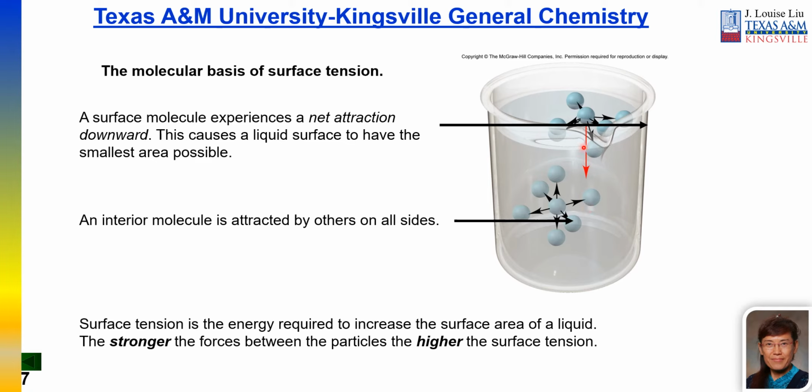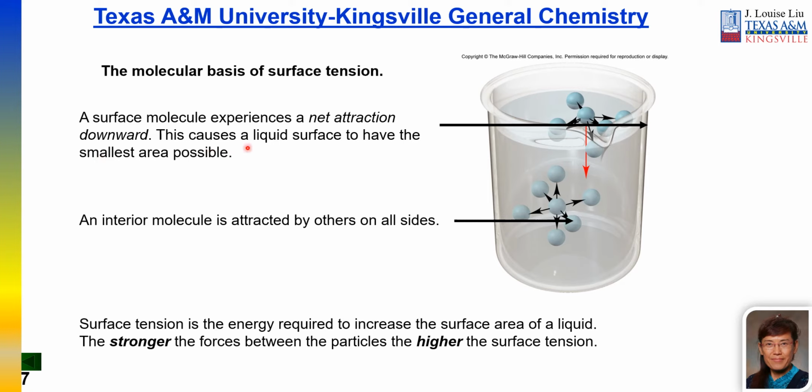So towards the bottom, downward, so you are going to find the net attraction of this water molecule. This net attraction causes a liquid surface, and you want to decrease the surface area as much as possible.